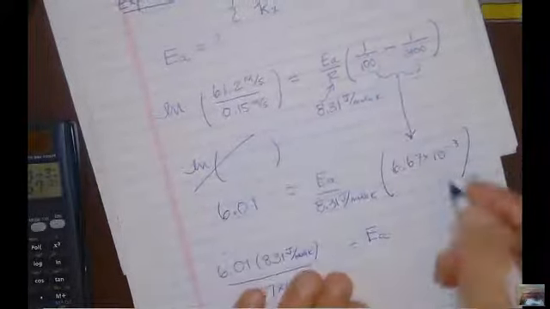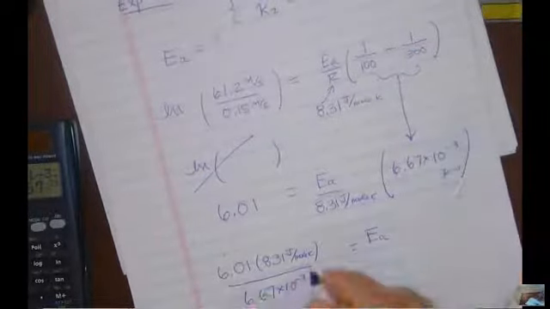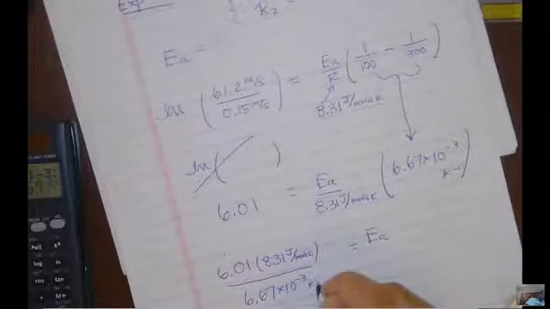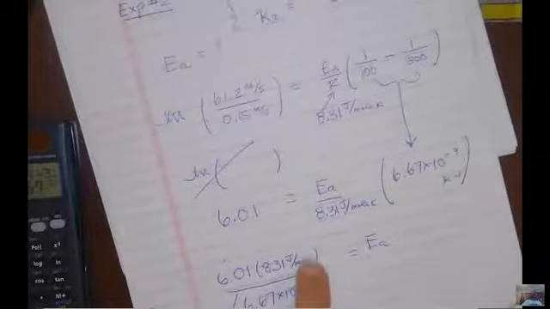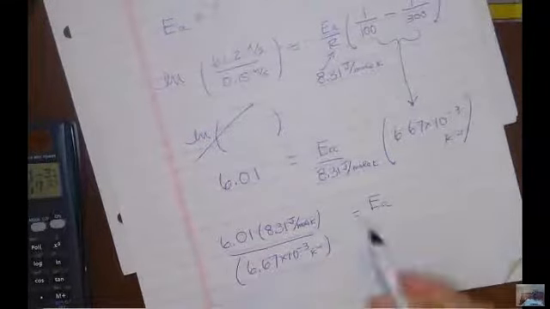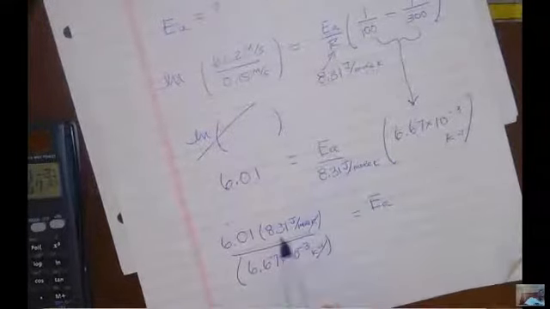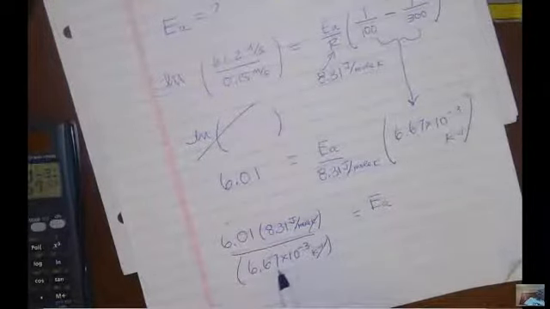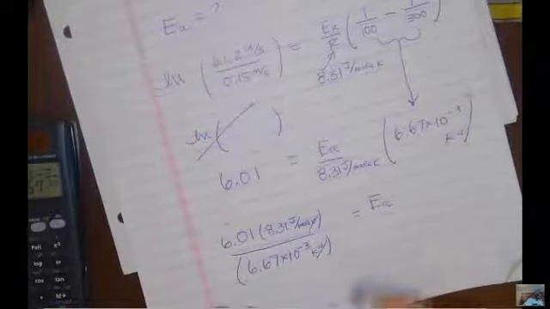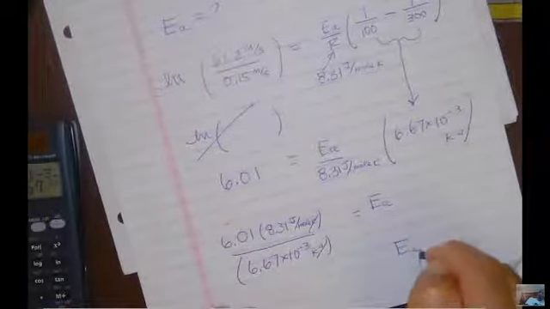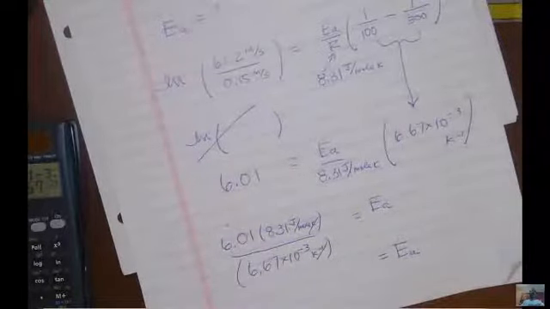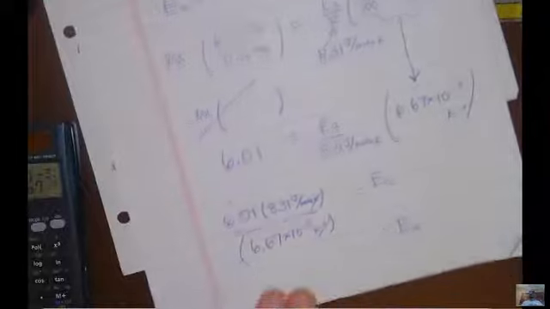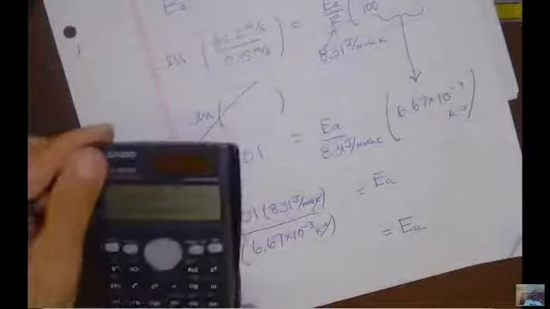This had units of 1 over Kelvin. This also has units of 1 over Kelvin. Kelvin in the denominator, Kelvin in the denominator, so that cancels out. So my answer, when I'm done, is going to be in joules per mole, which is an energy unit. That's perfect. So how much energy does it take per mole to overcome this energy of activation?